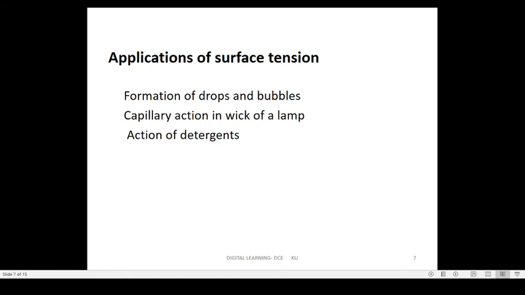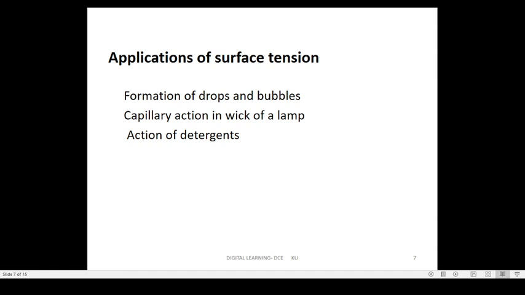When detergents are added to the liquid, the surface tension of the liquid decreases and the liquid wets the surface with which it is in contact.